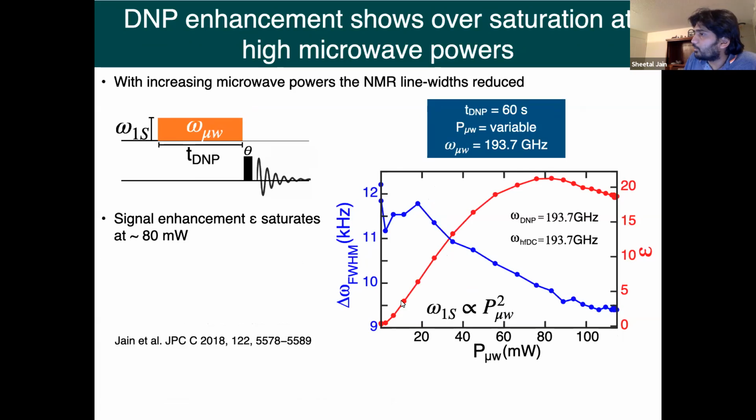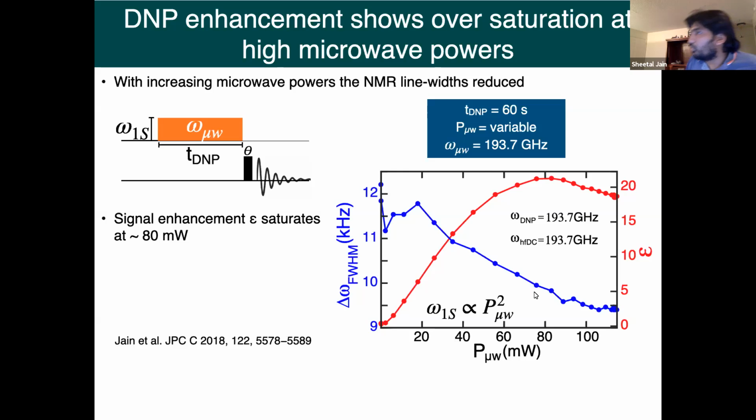And the red data point here is the DNP enhancement as a function of microwave power. What we see is that around 80 milliwatt, the signal enhancement is maximum, around a factor of 20. And the line widths are monotonically decreasing as we increase the microwave power.